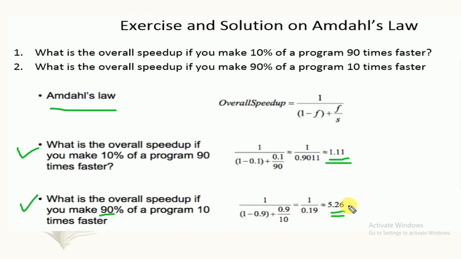Okay, so here the overall speedup is improved in the second situation. These are two different problems, but this one has a better speedup when compared to the previous case.